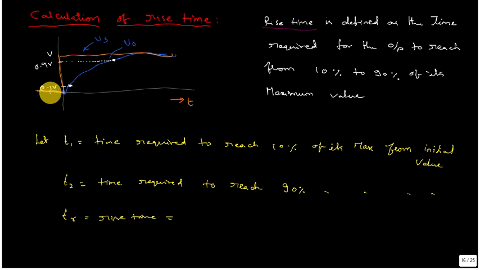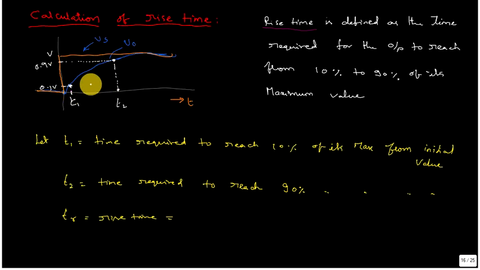So 10% of V is 0.1 V, and 90% of V is 0.9 V. Draw horizontal lines at 0.1 V and 0.9 V where they touch the output waveform. Those are the two times. 0.1 V is touching at this point, which we call T1, and 0.9 V touches the output waveform at this point, which is T2.